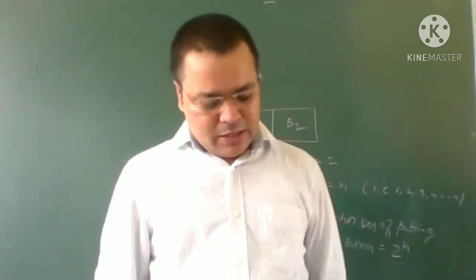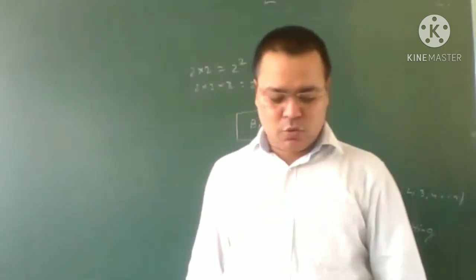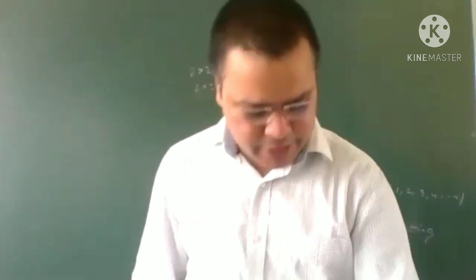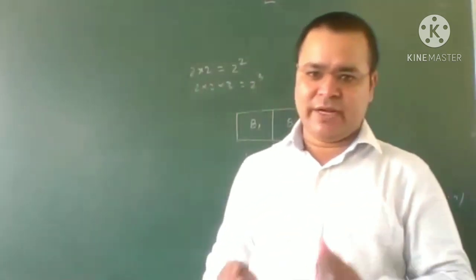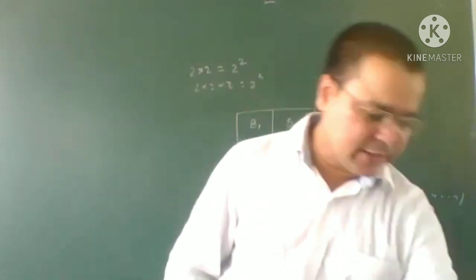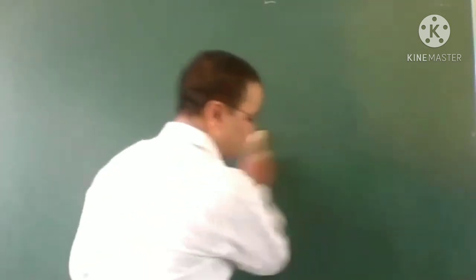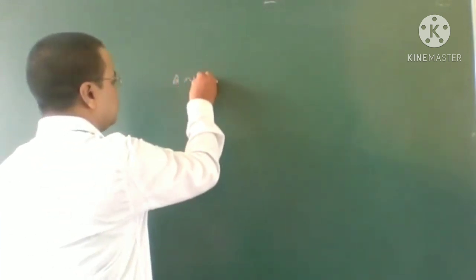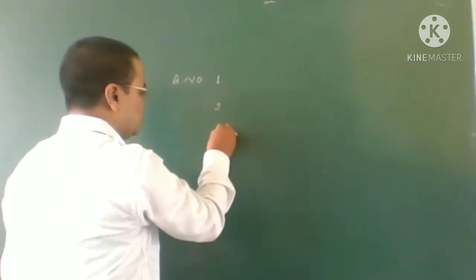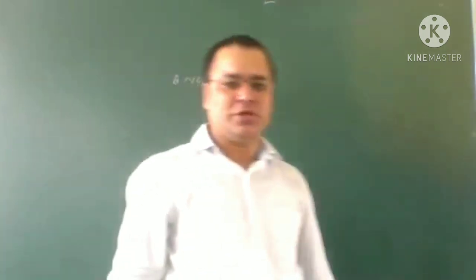Now let us see the next question. This is also requested by a student to explain. Look here. There are 10 objective type questions. Question number 1, question number 2, 3, 4, like that, 10 questions.